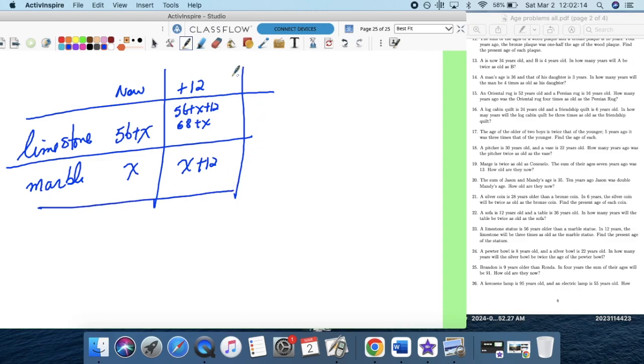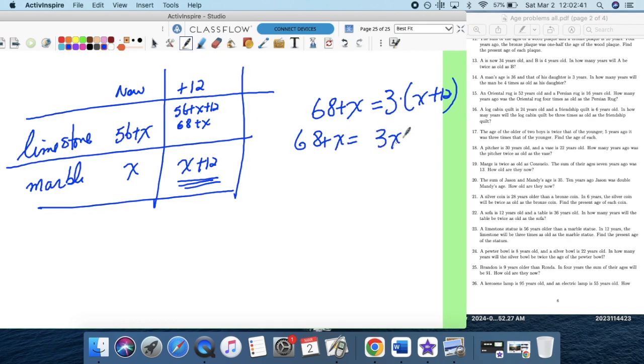Okay. So now that we have their ages in the future, we can go back. And it says, in 12 years, the limestone, which is 68 plus x, will be 3 times as old as the marble, x plus 12. 68 plus x equals 3x plus 36.